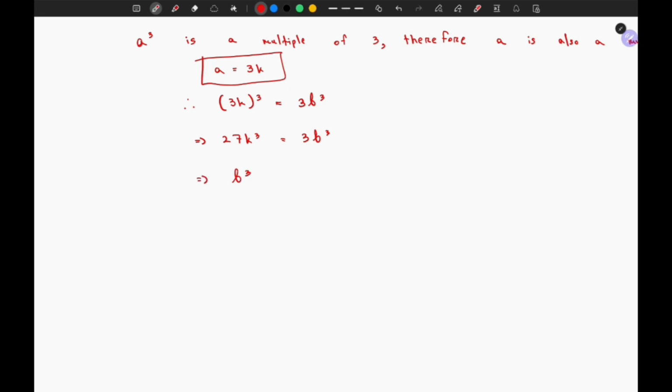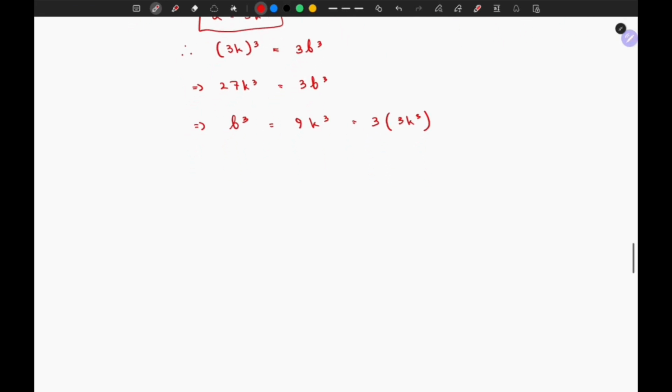So if we make b cubed the subject, this becomes 9 times k cubed. So this can be written as 3 times 3k cubed. So we can say that b cubed is also a multiple of 3.